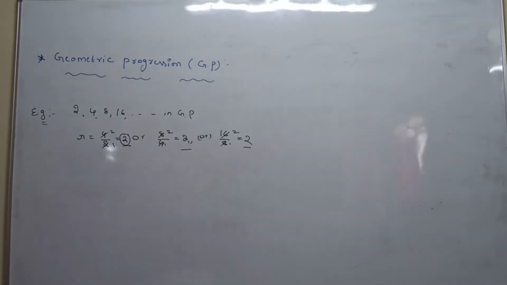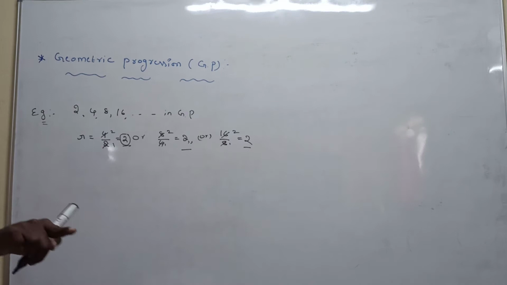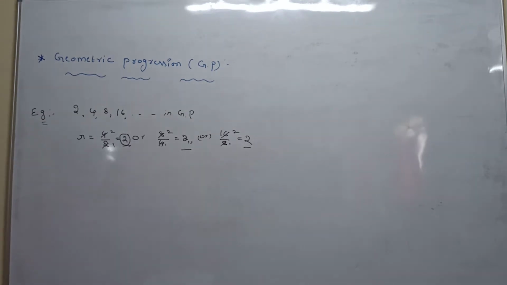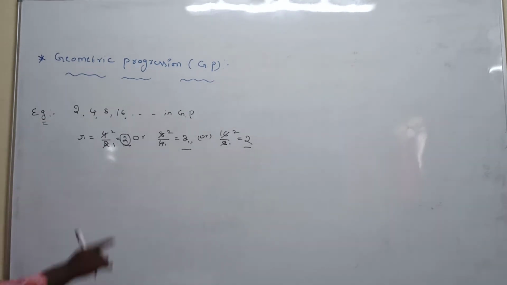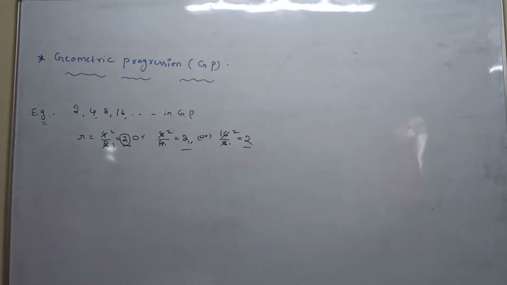Everyone understood the difference between arithmetic progression and geometric progression? Arithmetic progression is where the difference between any two terms is the same. Geometric progression means the ratio of any two terms is the same.